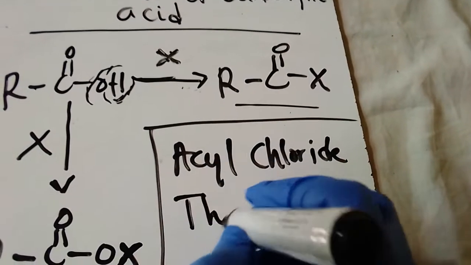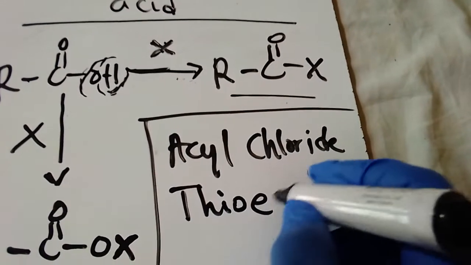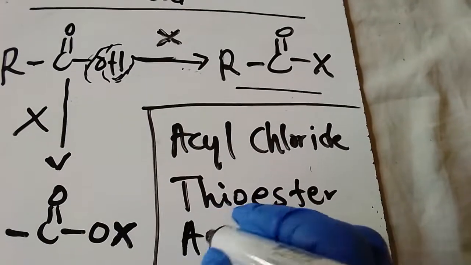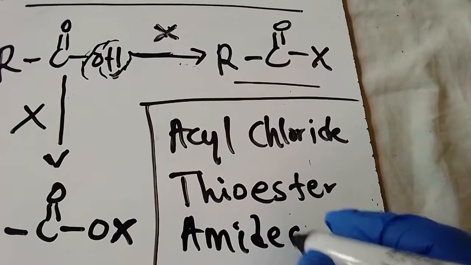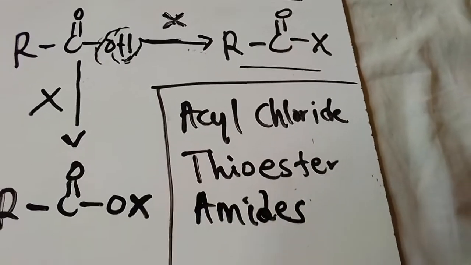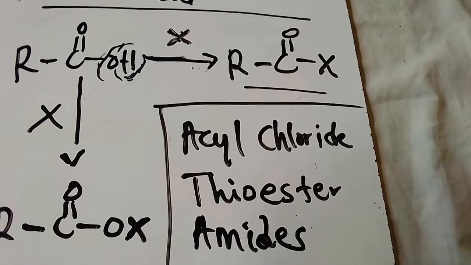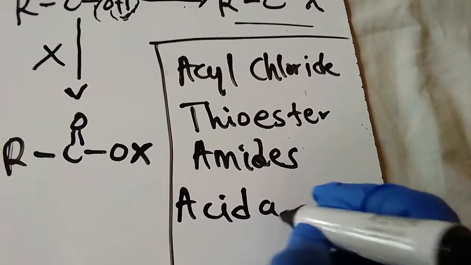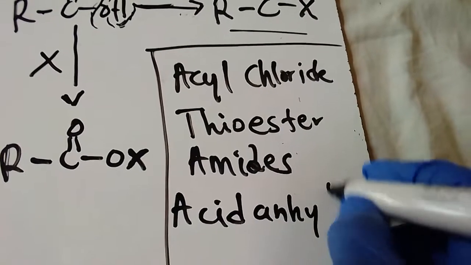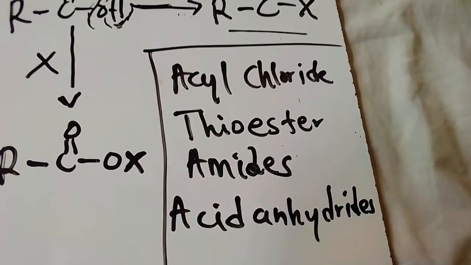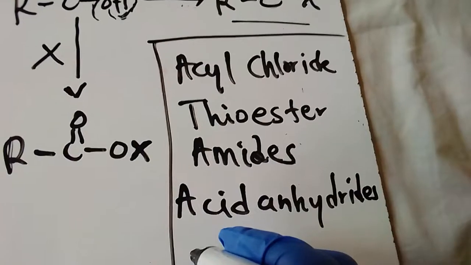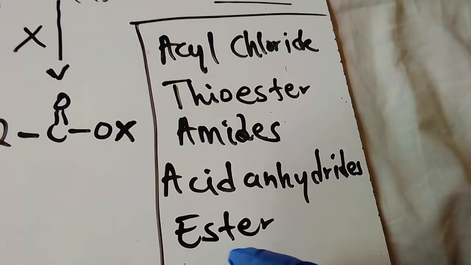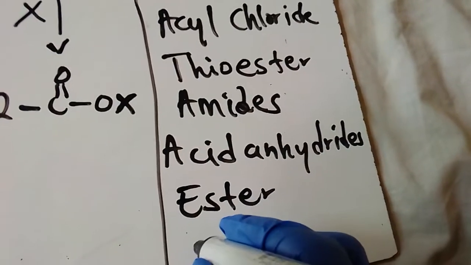We have thioesters, we have amides, we have acid anhydrides, we have esters, then we also have carboxylate ions.